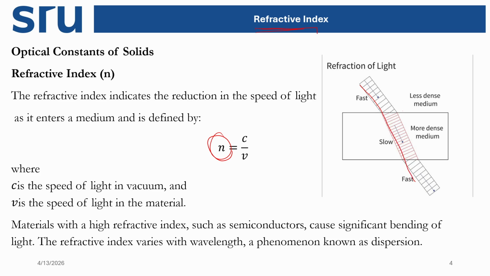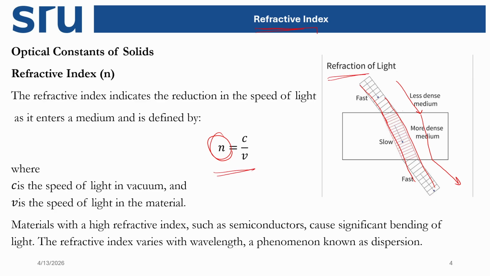This line is matching, but here it is a little bent. It comes in like this, then slows down a little bit inside, and then goes out. When this process happens, we call it refraction of the light.